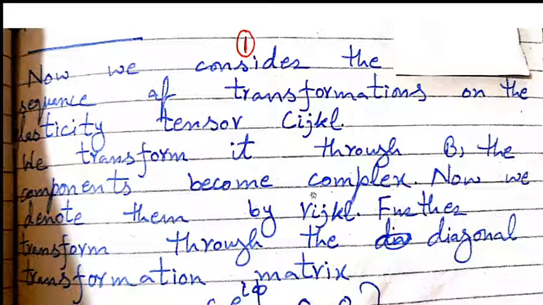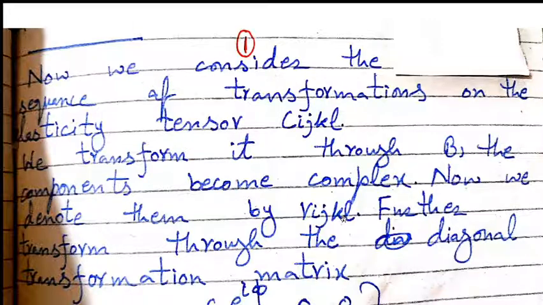We will denote those components by gamma, this gamma I, J, K, L. If you want to write the transformation law, then gamma I, J, K, L will be equal to B_Pi, B_Qj, B_Rk and B_Sl times C_PQRS, and these B are the components of this matrix B. After calculating all the components, whatever they are, we are not going to find these.